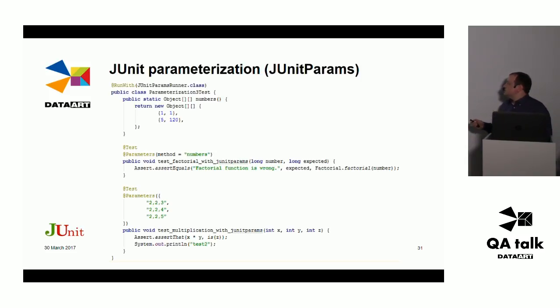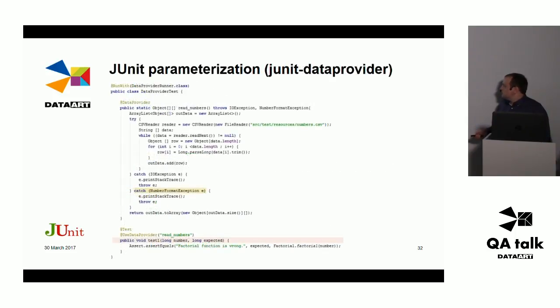JUnit params is a library, and you can just write like this, or you can use JUnit data provider. This is another library, and with this library the annotations can look the same as we have for TestNG. So we can use a data provider, store it in a separate class, and parse some CSV file, etc. So this is very flexible.